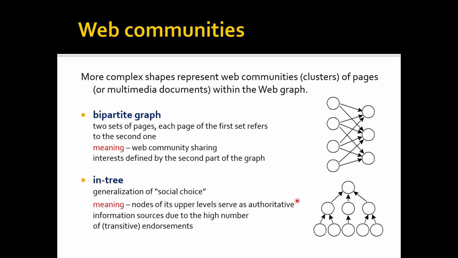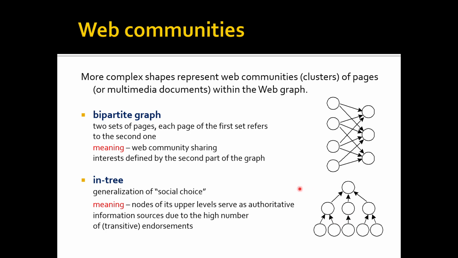Second is in-tree, and basically this is the generalization of the social choice. And as I said, transitivity in the graph is a very natural thing. So if some pages simultaneously refer to a common other page, it's the social choice. And if we have a hierarchy of these social choices, we get an in-tree.